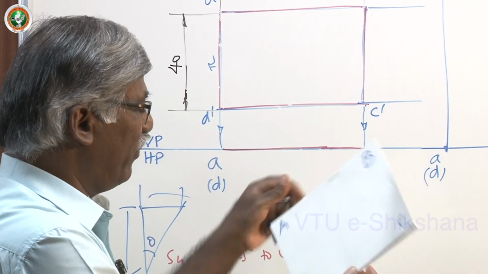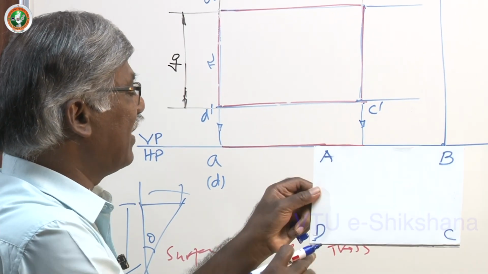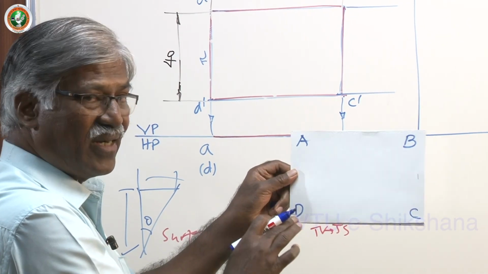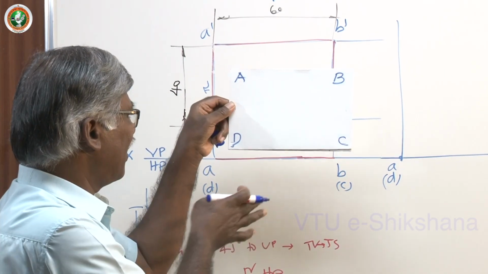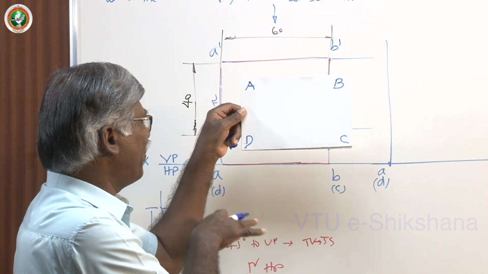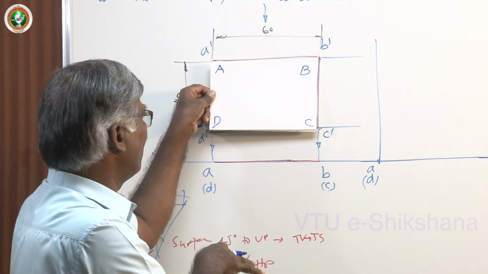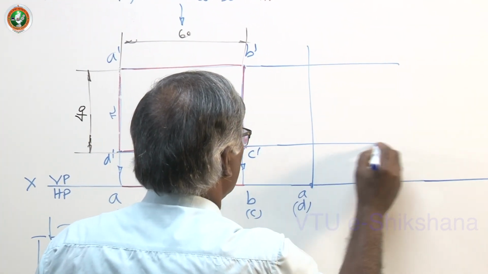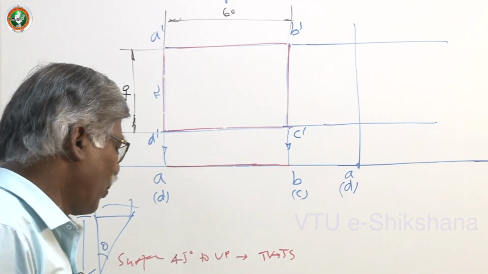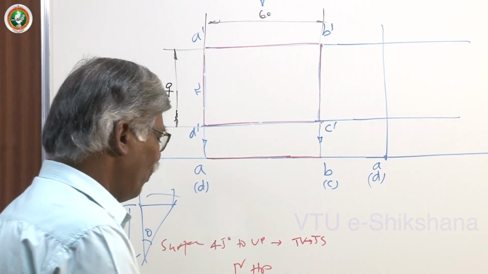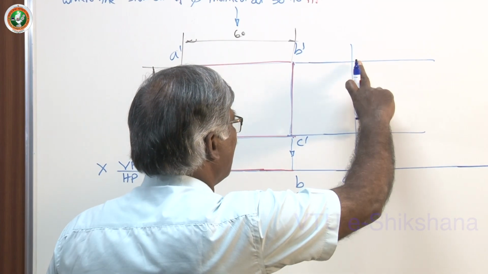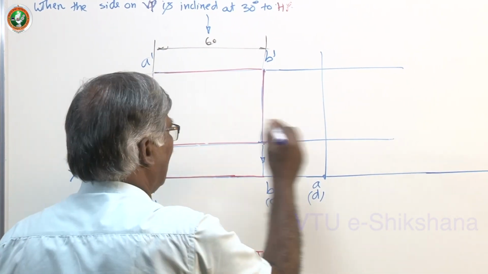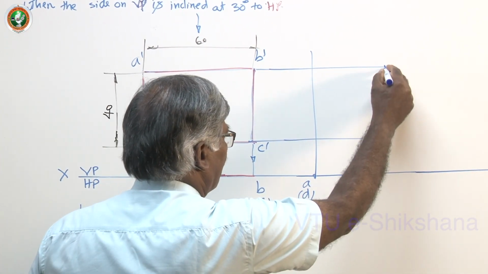Now it is concluded that the smaller edge must be kept on VP, perpendicular to HP and parallel to VP, and then rotated. Here it is on VP. Now let me do one thing. Let us take the extension of this line, the projection of this line, and measure the distance here. Same thing, that is 40, you mark 40.